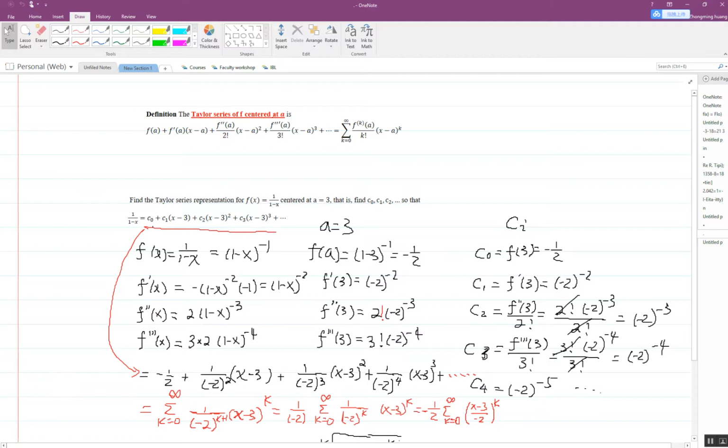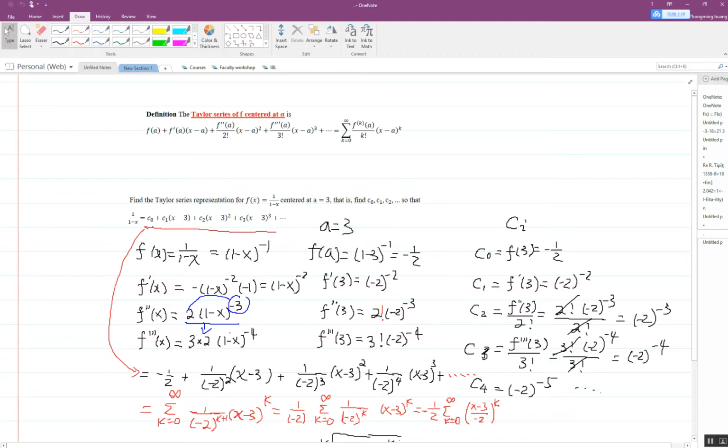And then for f double prime, you just find the derivative one more time from f prime. You get 2 times 1 minus x to the negative third. The negative sign disappears because one negative sign comes from the derivative of the inner function. You will see the pattern once you find the third derivative: negative 3 times 2 times 1 minus x raised to the power negative 4.